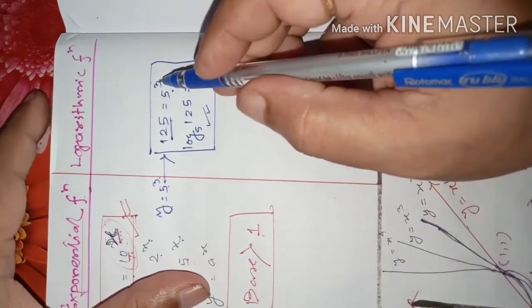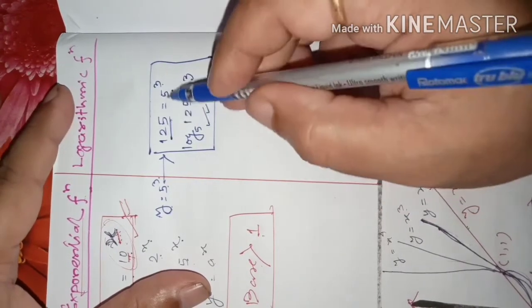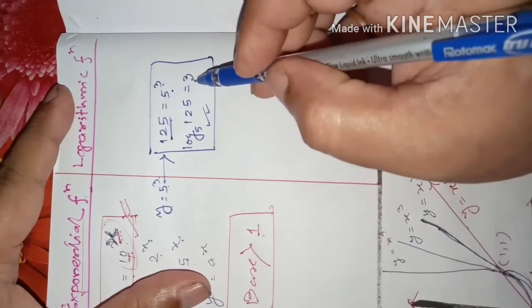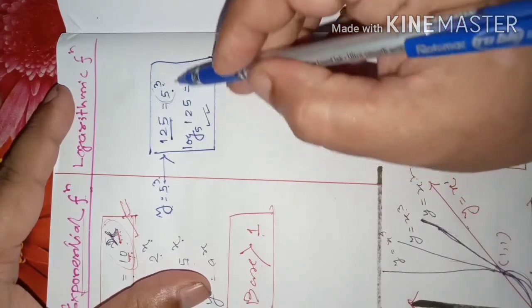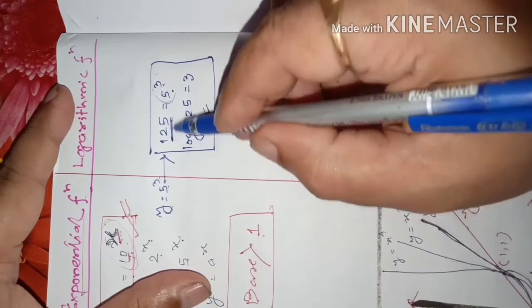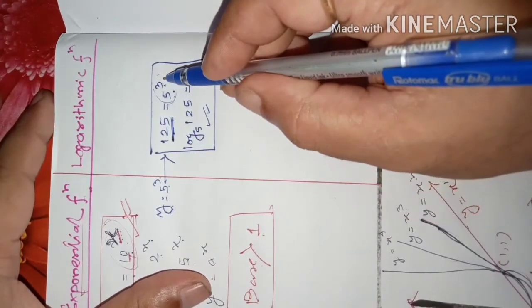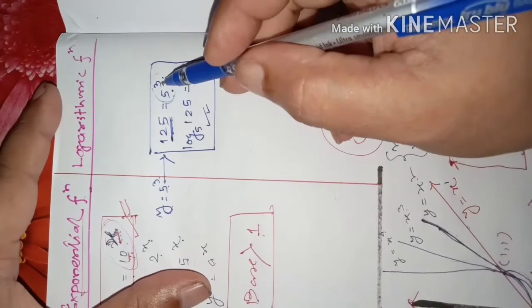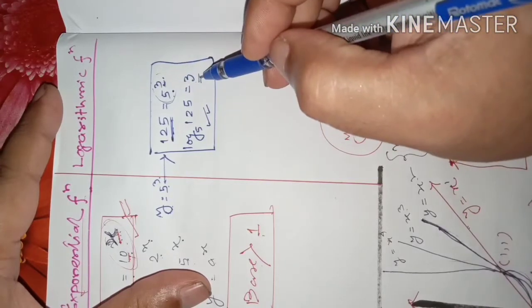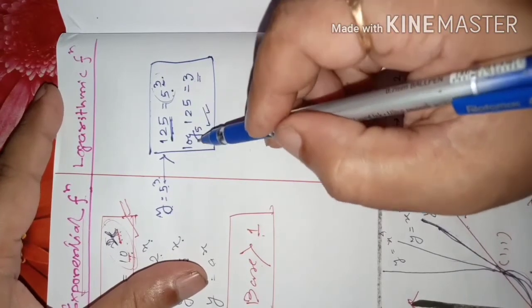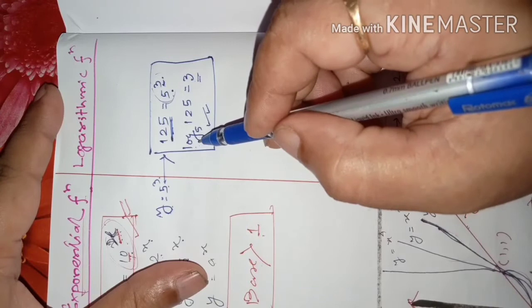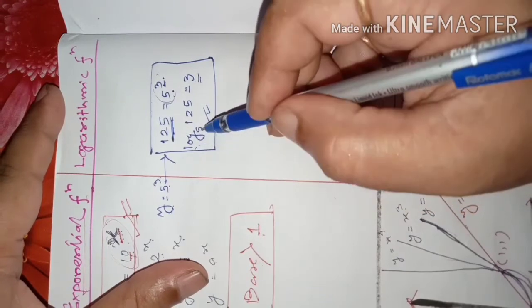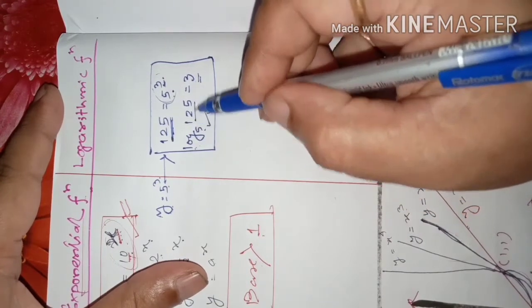Here we are talking about the exponent of the number. When a number is expressed in exponential form, then that exponent can also be expressed this way by writing like this. Log, meaning logarithm to the base 5 of 125, is equal to 3.